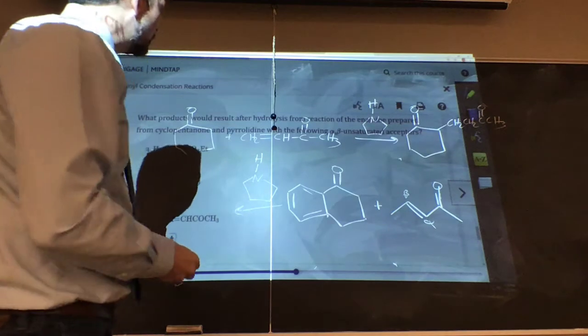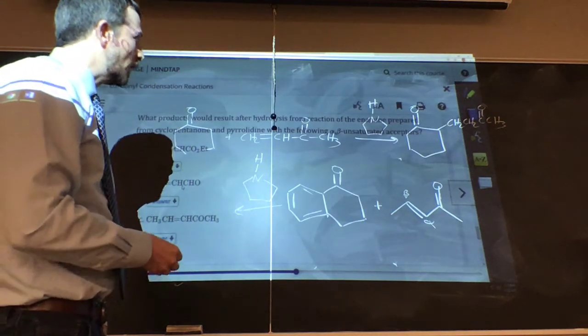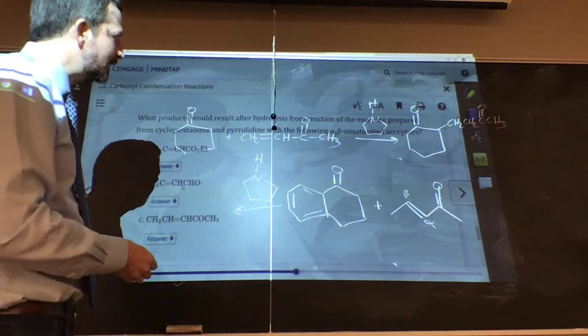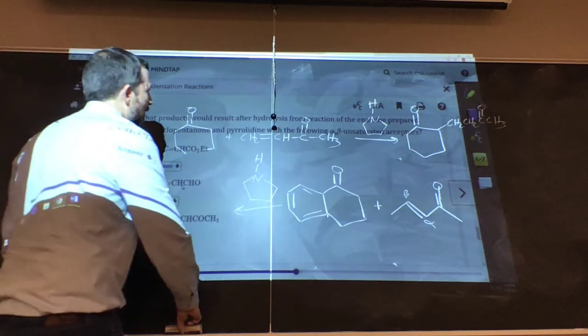This one asks what product results after hydrolysis from reaction of the enamine prepared from cyclopentanone and pyrrolidine with the following alpha beta unsaturated acceptors.